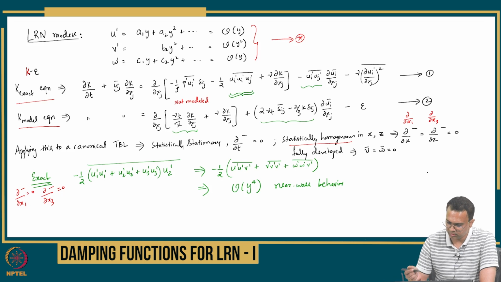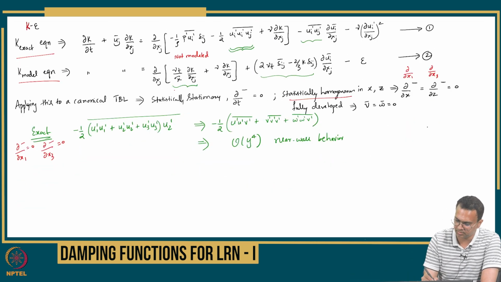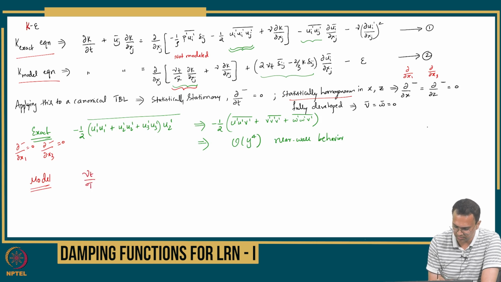So, since I am looking into that one, let's look at the exact term also for the model term for the diffusion, the turbulent diffusion. So, now I have the model term here. If I take the model term, which is nu_t by sigma_k dou k by dou x_j.